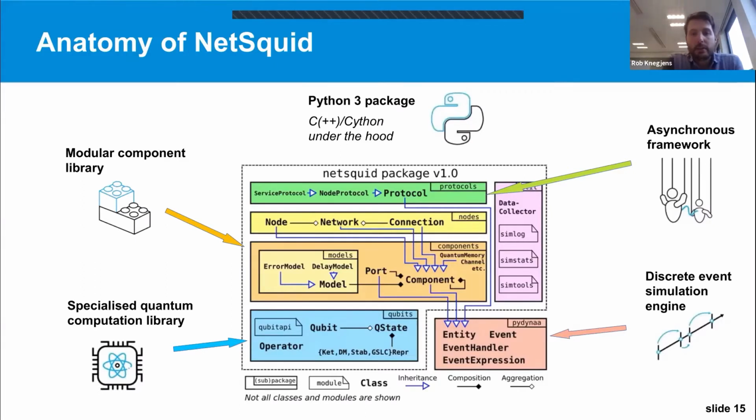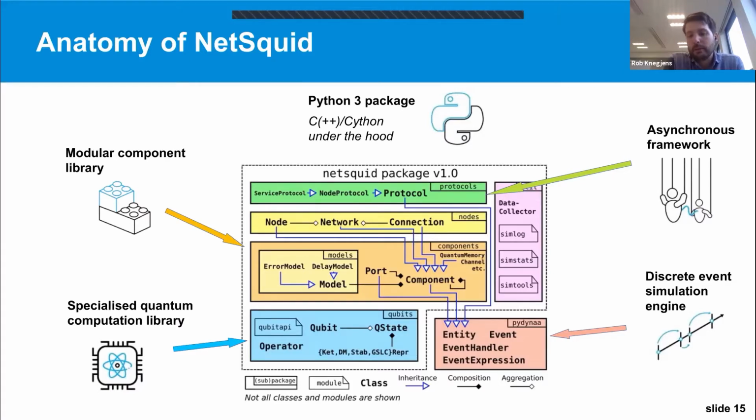So NetSquid is a Python package. You can install it from our Python package index servers using a tool called pip. And under the hood, it's written in C++ and Cython for performance. It is built out of these different sub-packages, which I'll explain in a bit more detail.